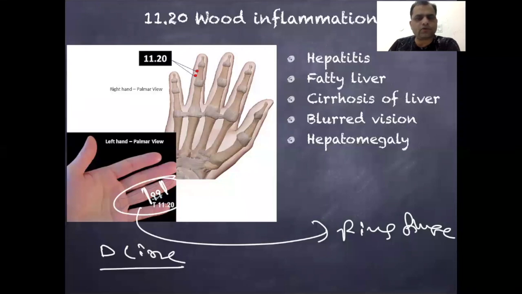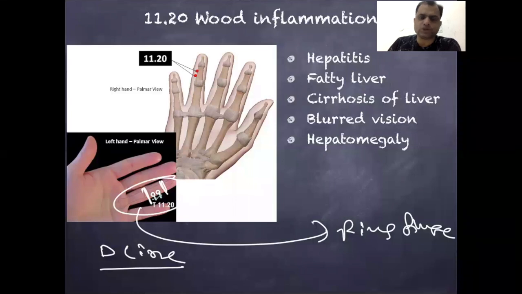In workshop 1, this is our fourth workshop, we have learned about the lines. So this is the D line, just on the side of the phalangeal bone, on the border of bone.